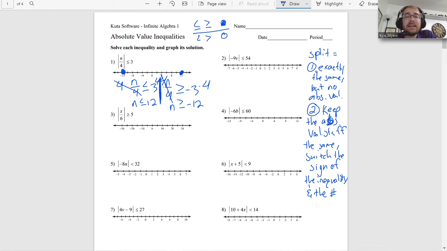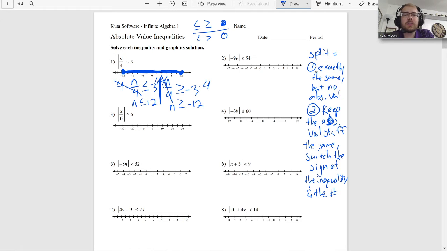So if I need an absolute value to be less than a certain number, then my solution is going to be kind of limited. I can only plug in numbers for n that, when divided by 4, and then I take the absolute value, it's going to be less than or equal to 3. So kind of limited in what my answer is here.